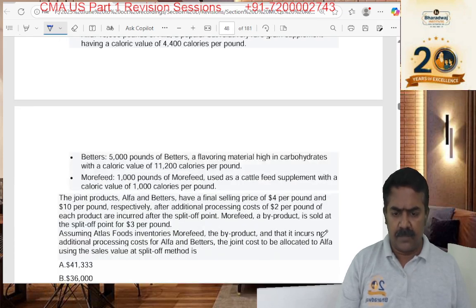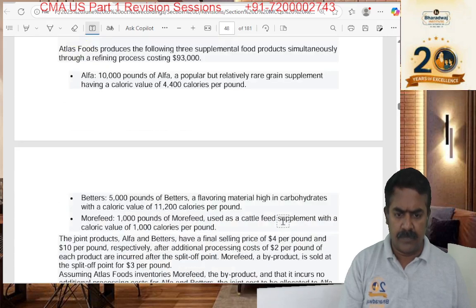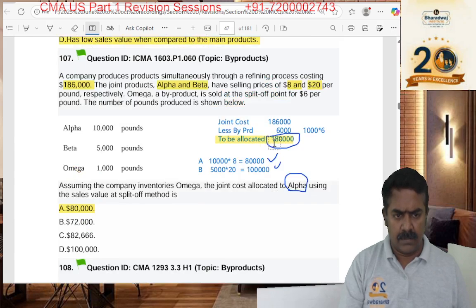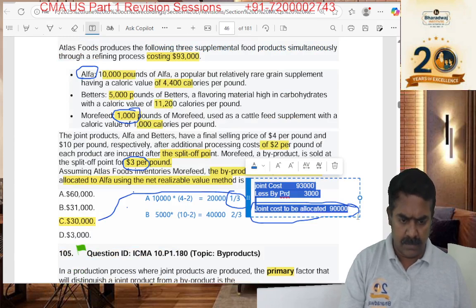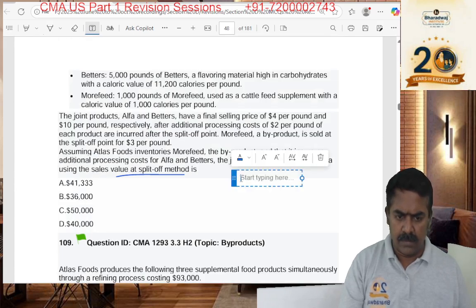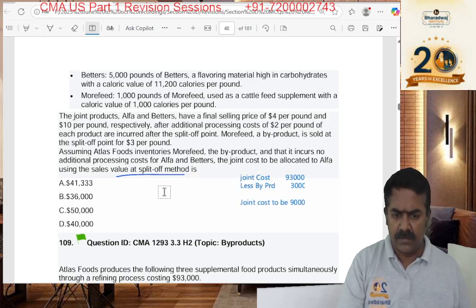Same data as given, sale value at split off method. How much joint cost is to be allocated to alpha?